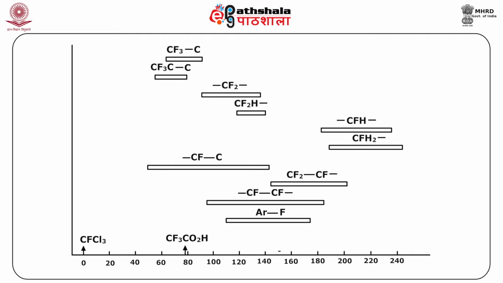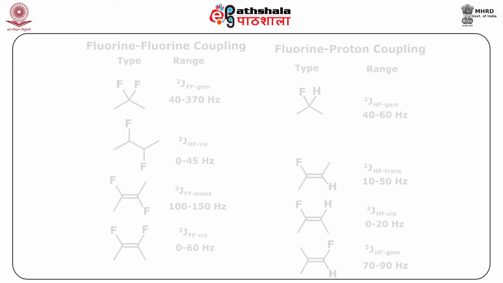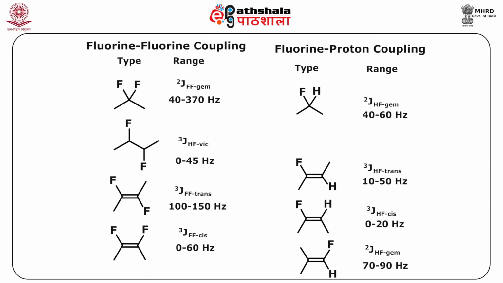Now, as you can see in this figure clearly, the chemical shift for the fluoroorganic compounds is seen here, as I have explained before, and you can see the ranges of all sorts of organofluorine compounds in this figure. Now students, considering the multiplicity of the peaks: the multiplicity of the peaks gives the information about the neighboring atoms to the fluorine.